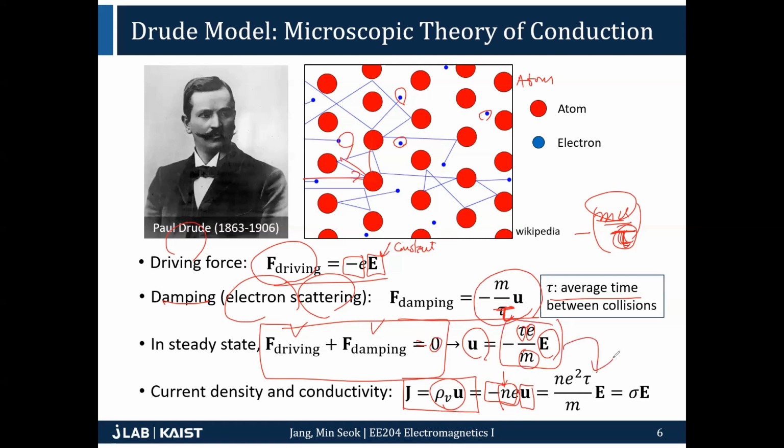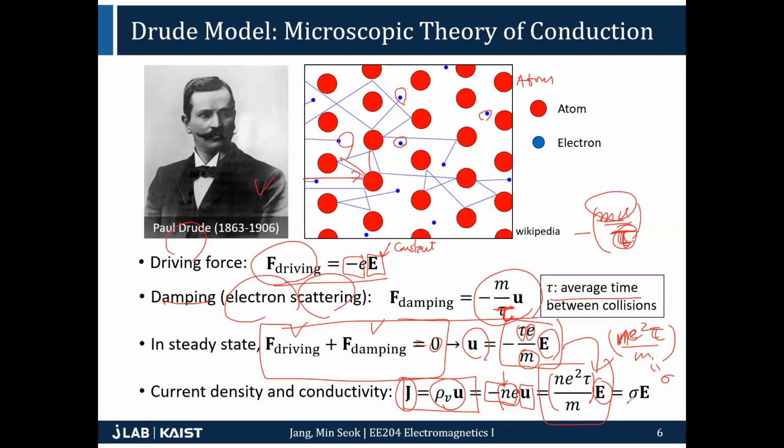So putting everything in, we have this relation: J is proportional to E, and the coefficient is N e squared tau divided by m. And then he claimed that this should be the conductivity. So conductivity can be written in terms of the mass of an electron, the elementary charge, the number density of electrons, and the collision time.